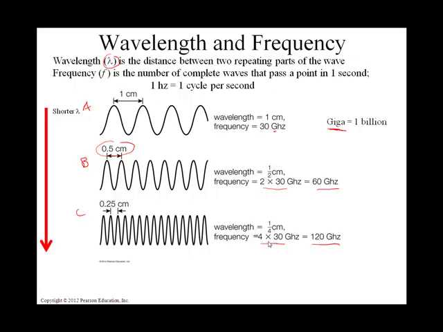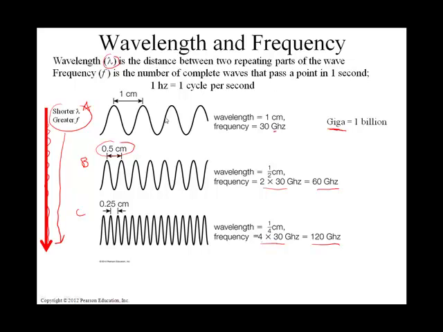From A to B to C, A has the longest of the 3 wavelengths. I meant to relocate this down here, because what I want to emphasize is the trend, this red line that I showed. The wavelength is getting shorter and the frequency is getting greater.